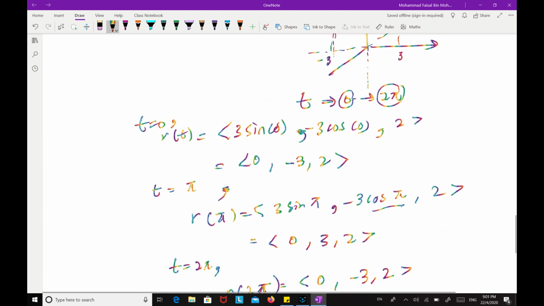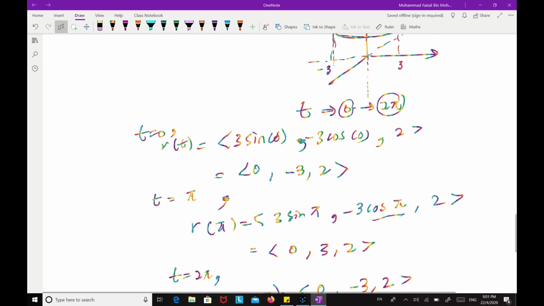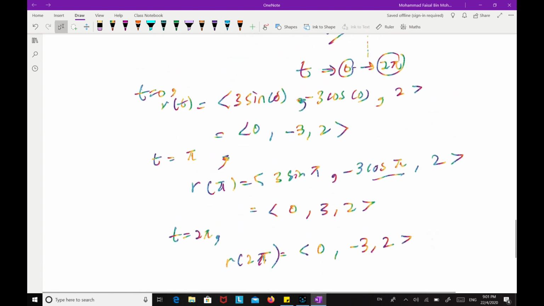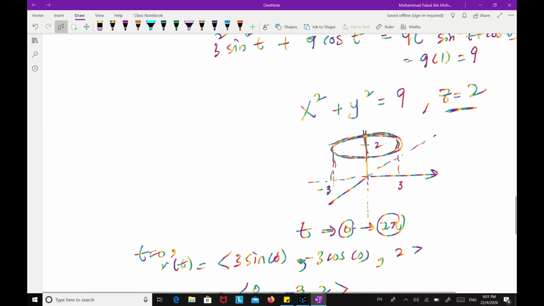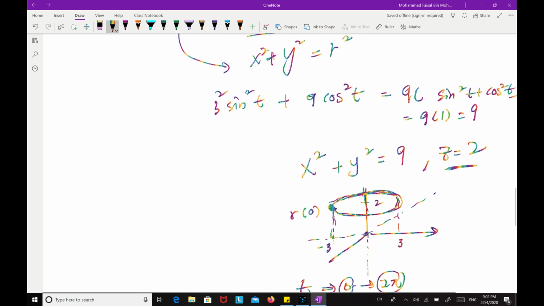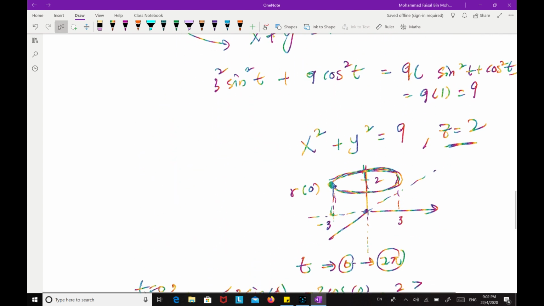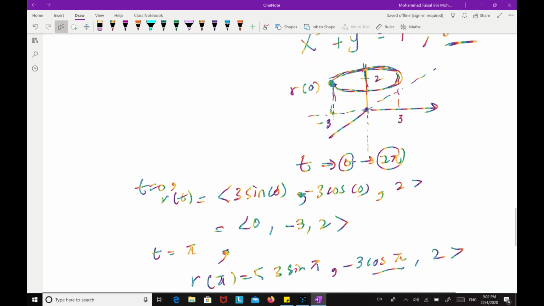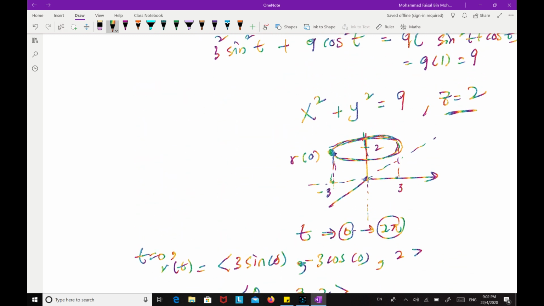Okay, so now try to find the direction. 0, negative 3, 2. So it is here. So let's say I put this r(0), and then r(pi). r(pi) will be 0, 3, 2. This here.